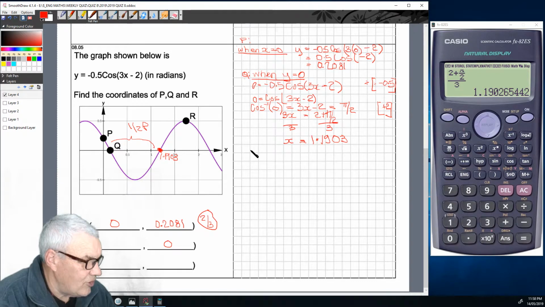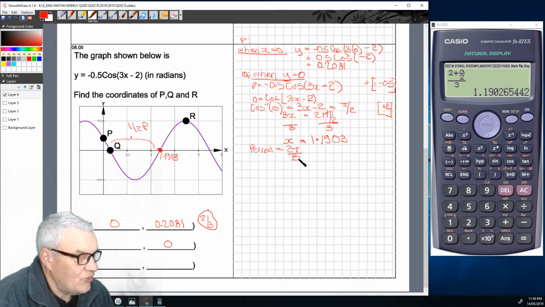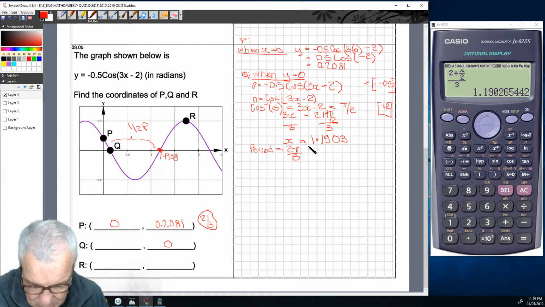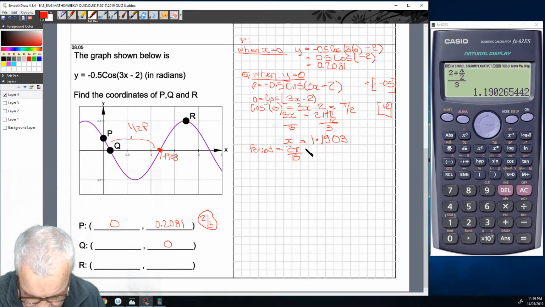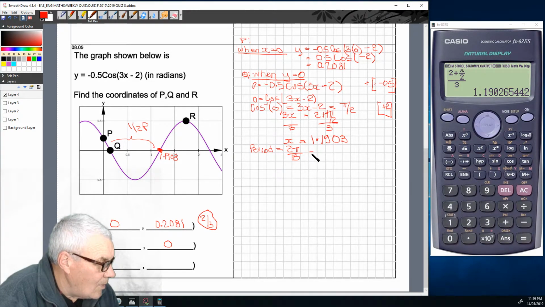Now from our formula sheets, period equals 2 pi over b, which in this case is 2 pi over 3.